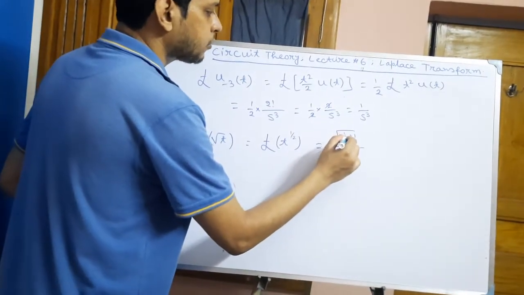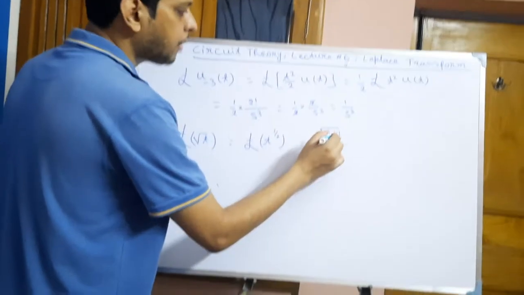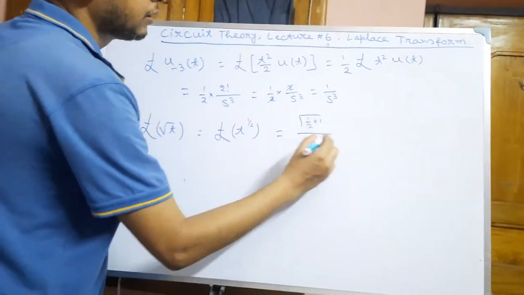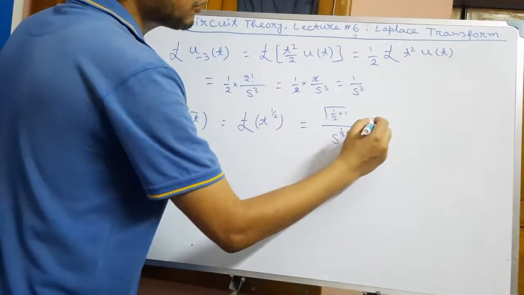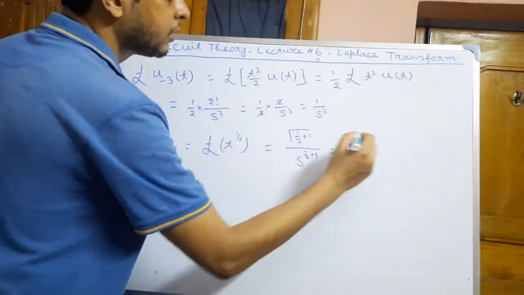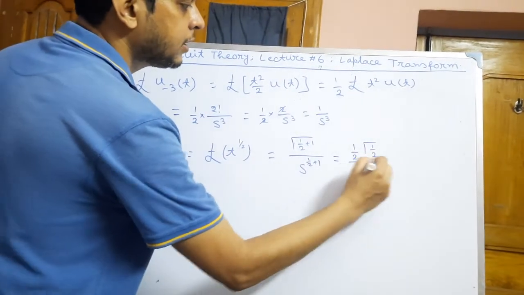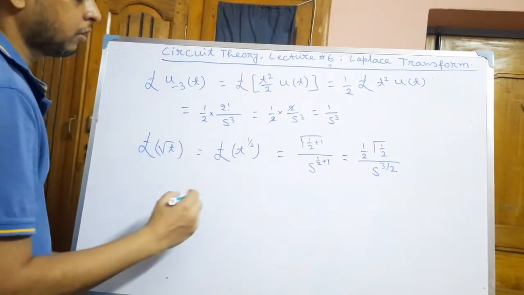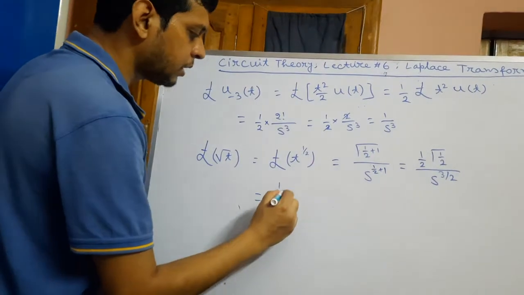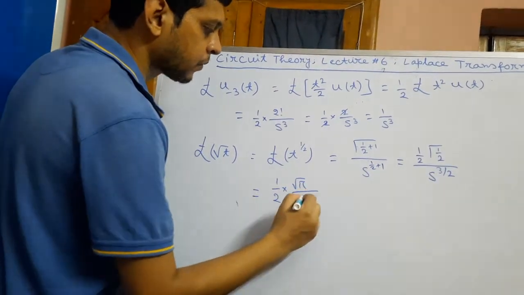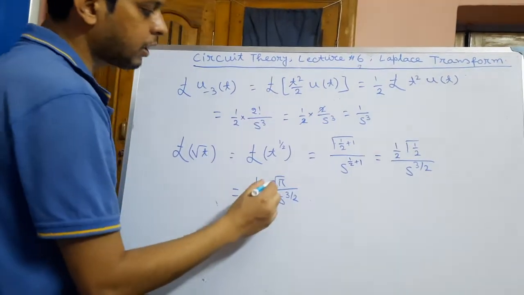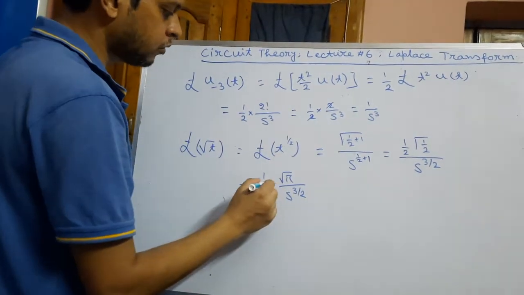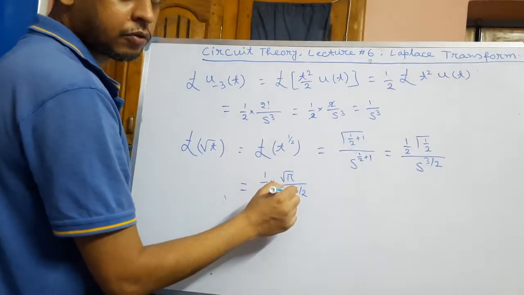So gamma n plus 1, that is gamma half plus 1 by s to the power half plus 1. I told you that gamma n plus 1 equal to n gamma n. So half gamma half by s to the power 3 by 2. Now gamma half equal to what? Gamma half equal to root pi. So the Laplace transform of root t equal to half into root pi by s to the power 3 by 2.